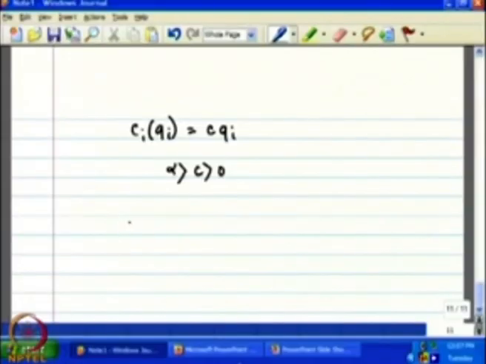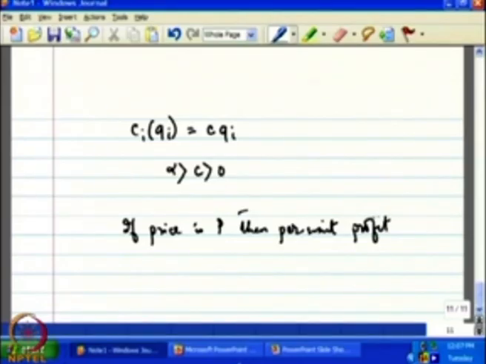Now, from this it is clear that if the price that I set is p, then per unit profit is p minus c, because by selling 1 unit of output I am earning p, and for producing that 1 unit of output, I am bearing a cost of c, which means that p minus c is my profit per unit.